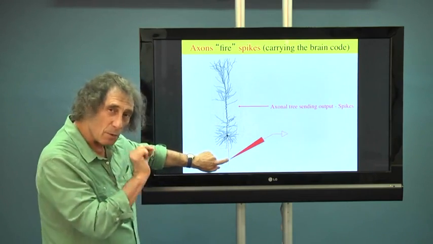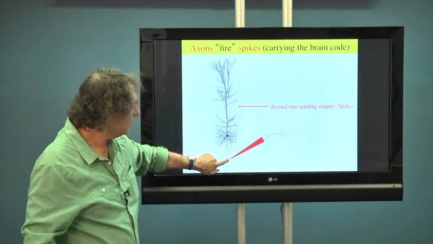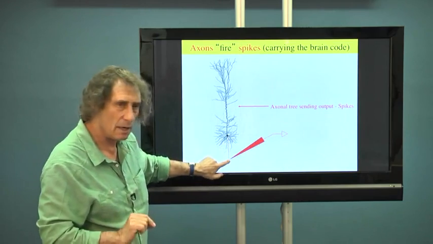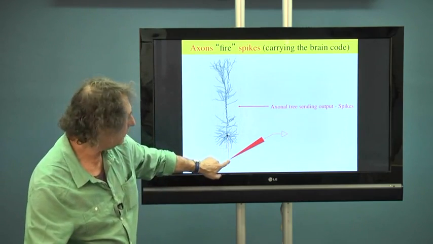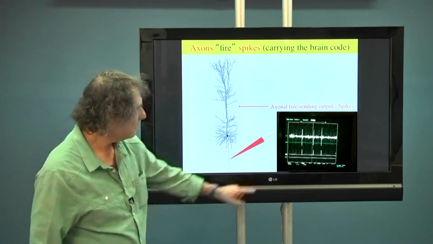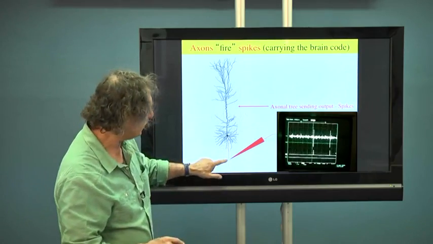Okay? And if you record with an electrode in the axon, so if I implant a small electrode into the axon, and I try to listen to the action potentials to see what the electrical activity in the axon is when the cell is active, I will hear something like that. So you now see the action potentials in the axon, all over the axon. They will propagate. We'll talk about propagation.